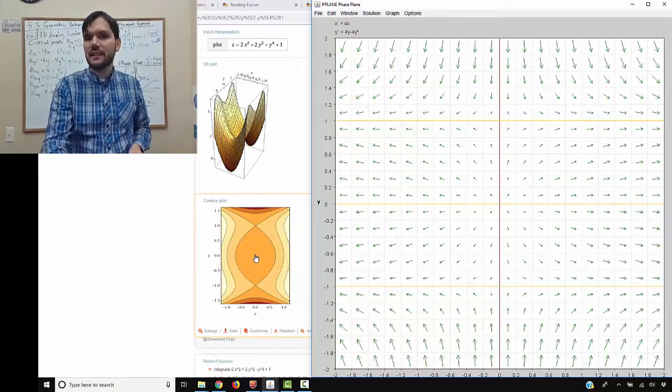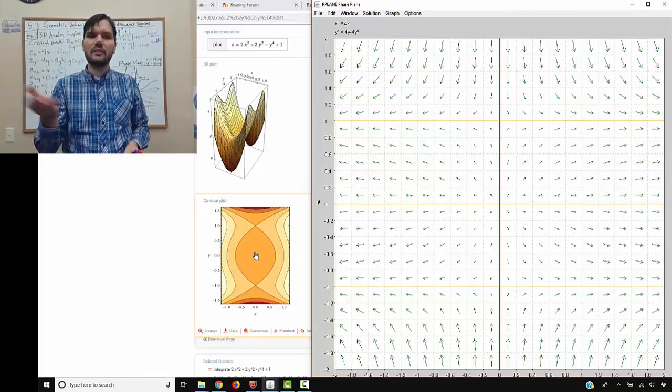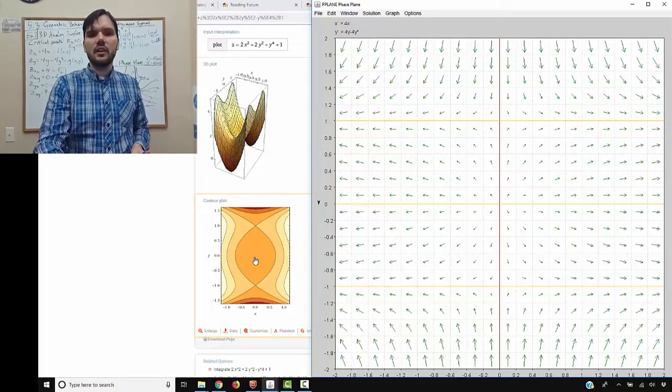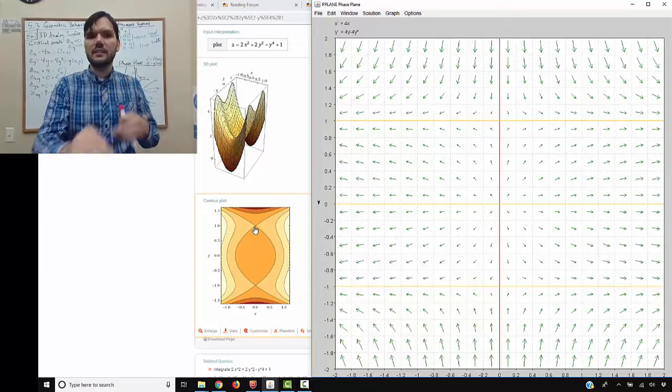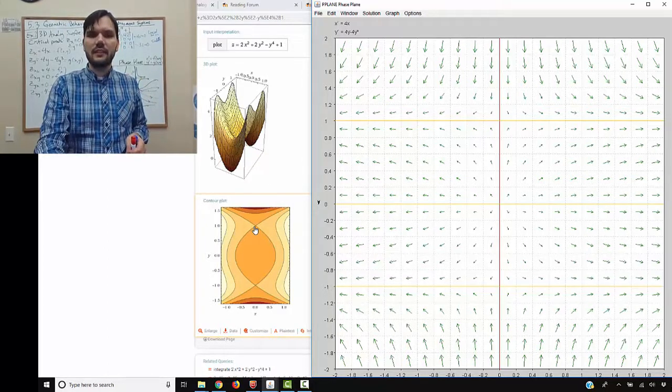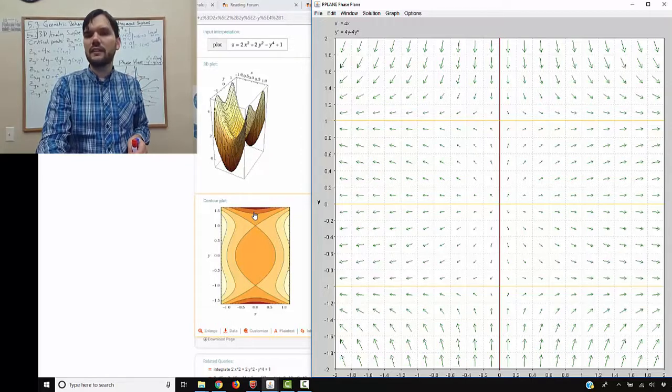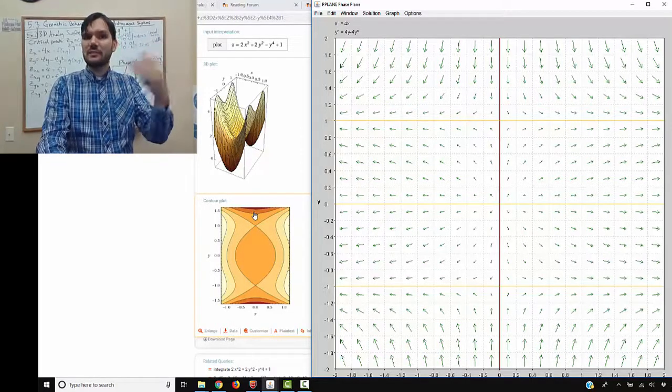Down below is a contour plot that shows you the different levels of that surface. The lowest level on the interior is where that local min is, right in the center here. And then we have a cross on the level sets. That's where the saddle is. See that it's low, coming up to a high point, and then back low again, if you're following along that stable manifold.